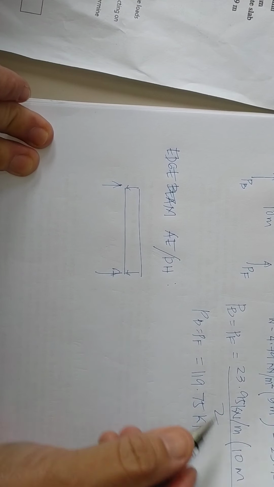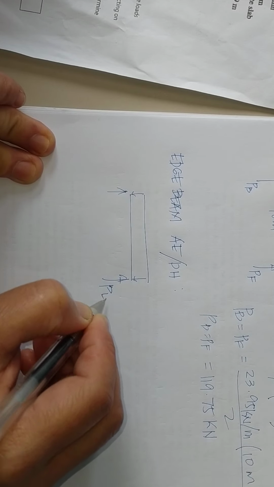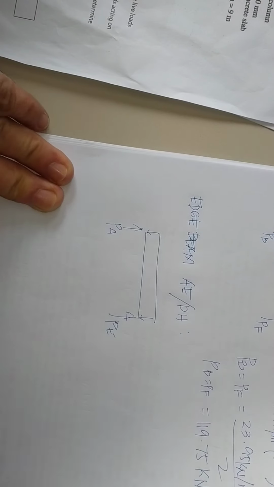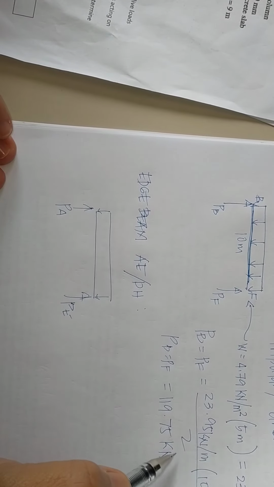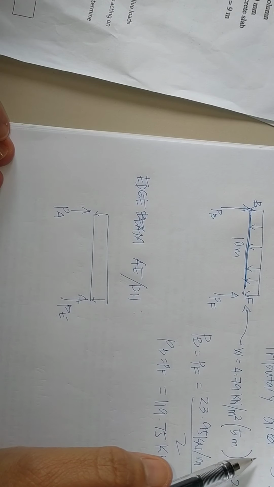Okay, so be smart. Yung PE over and PA, because the tributary area will be half what we get from beam BF.